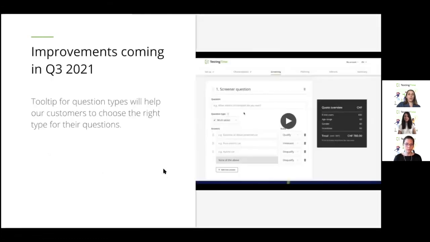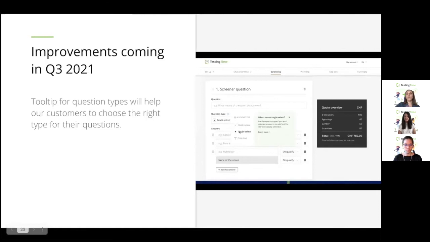And now, what are the improvements coming in Q3 related to the question types and rules? Basically, what we discovered is that our customers really need help at the point where they need to choose a question type. Because of those inputs, we came up with a tooltip.